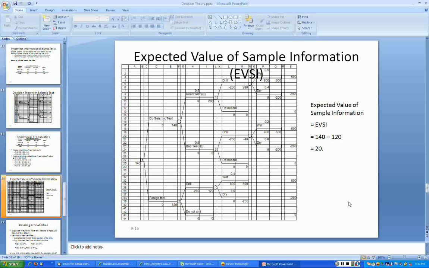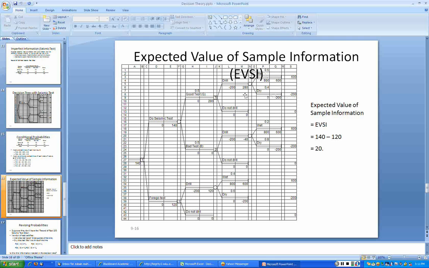Now if you do that, 60%, 40%: 0.6 times 600, then 0.4 times minus 200. That is $280,000. And not drilling is 0.6 times 6 is 36, and minus 80.